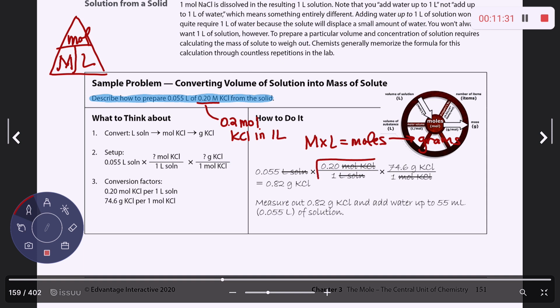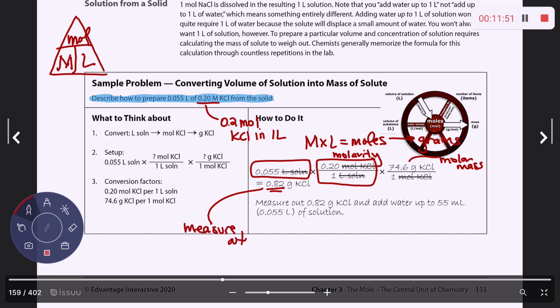So this right here is your molarity times your liters, and then this is the molar mass of KCl. So the amount that you have to measure out is here, this 0.82. Then you would need to give me a sentence explaining that.